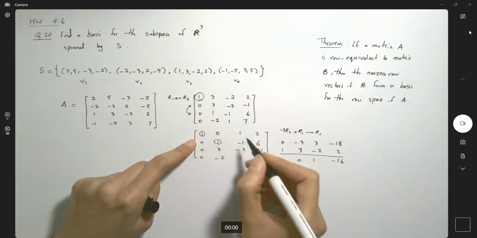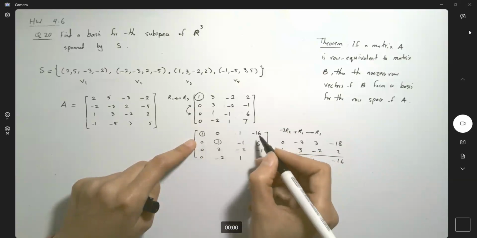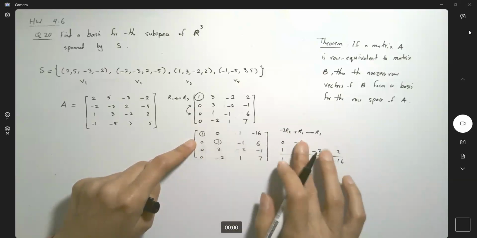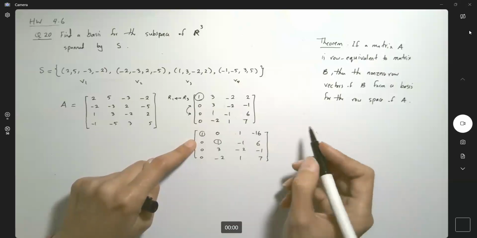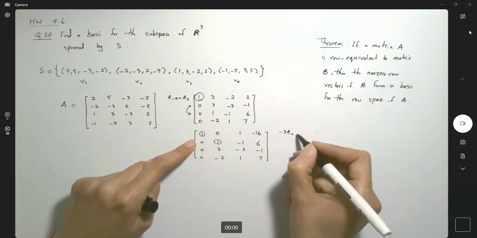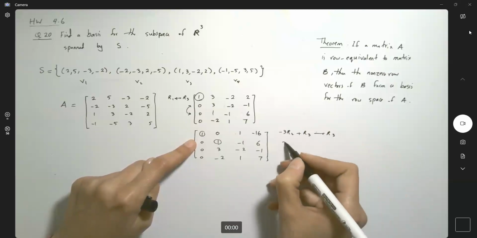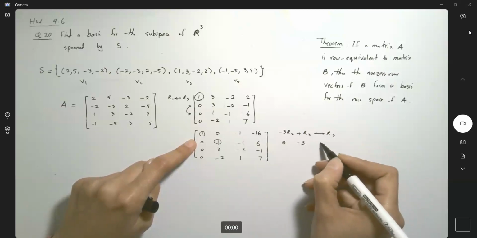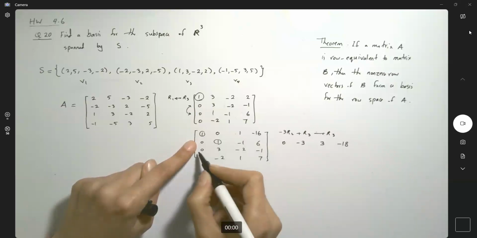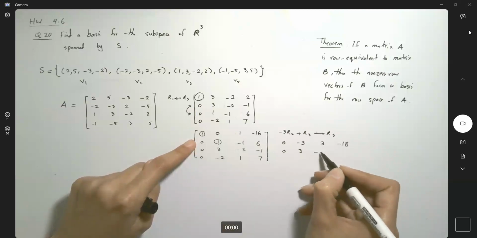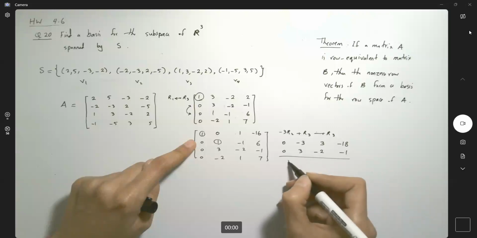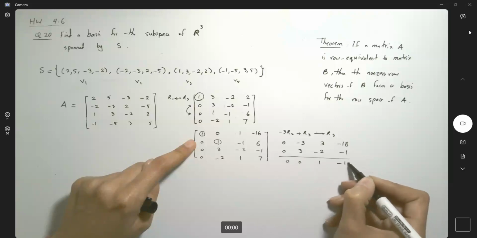Then -3 times R2 plus R3 is your new R3. So you have 0, -3, 3, -18 added to 0, 3, -2, and -1, which gives 0, 0, 1, and -19.